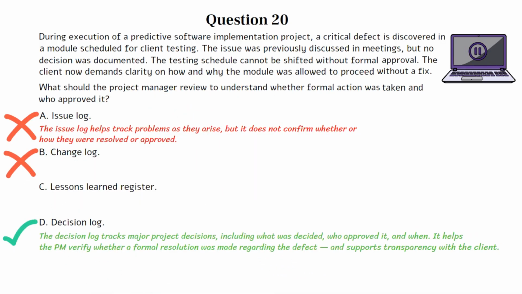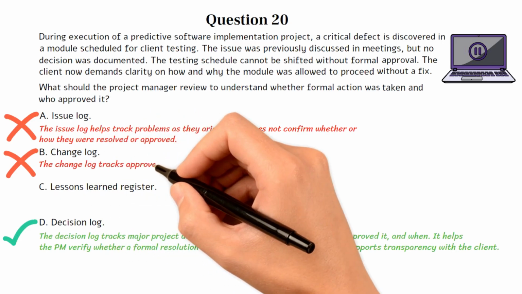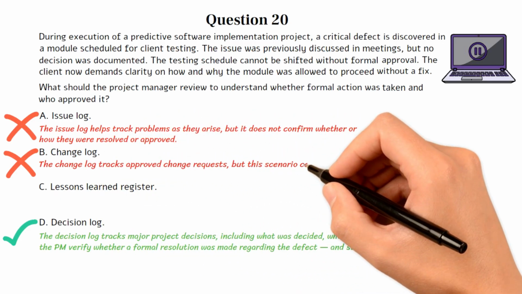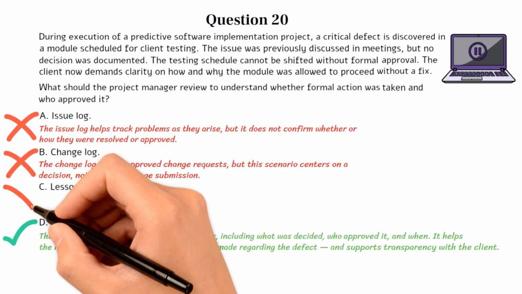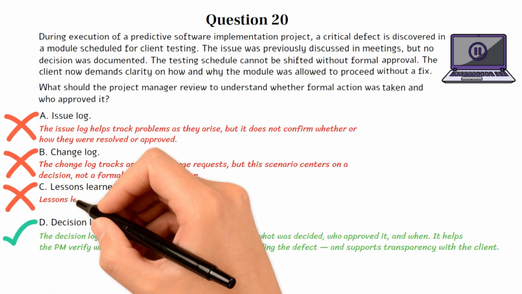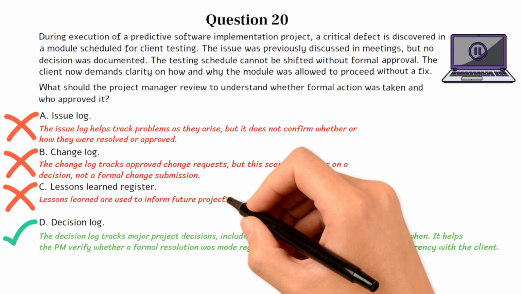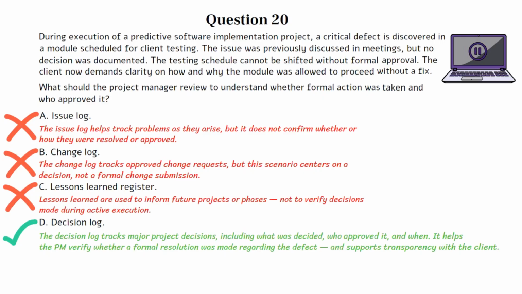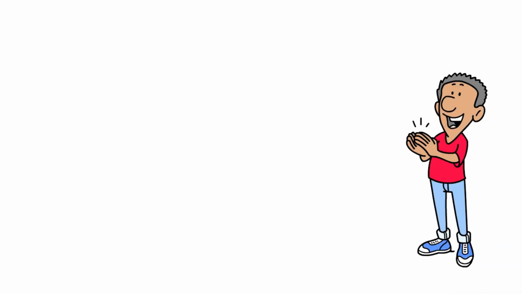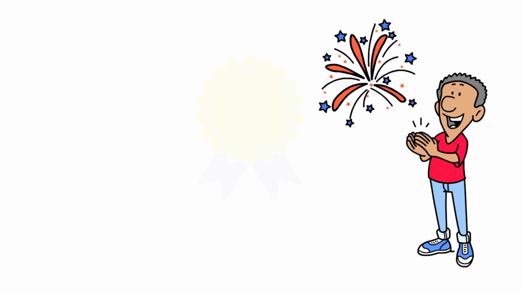Choice B is incorrect. The change log tracks approved change requests, but this scenario centers on a decision, not a formal change submission. Choice C is incorrect. Lessons learned are used to inform future projects or phases, not to verify decisions made during active execution.